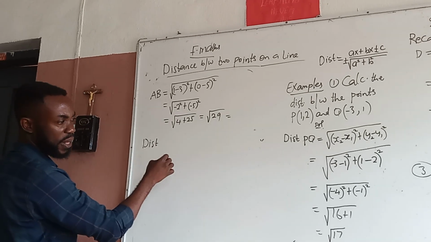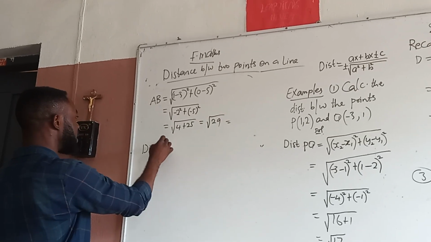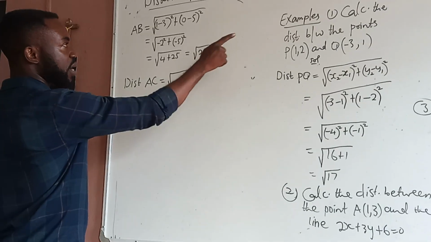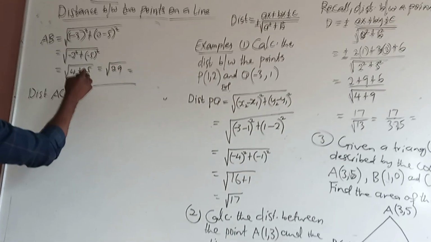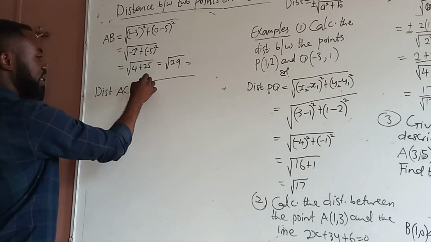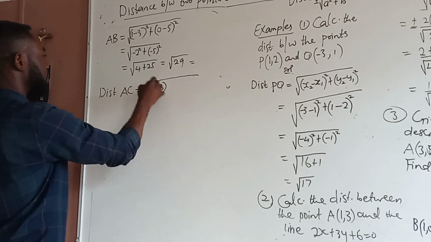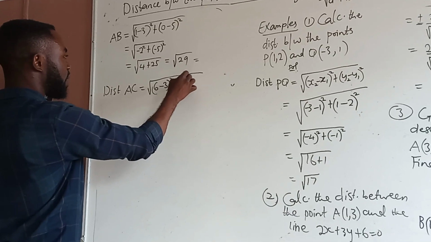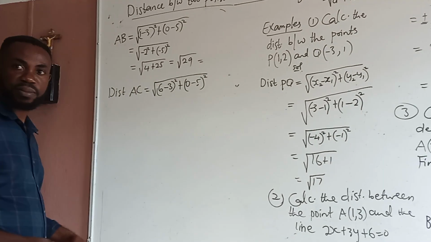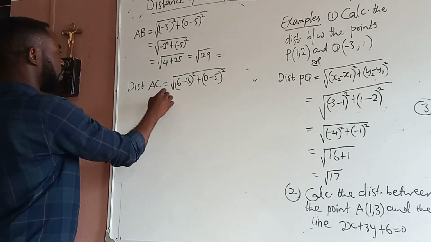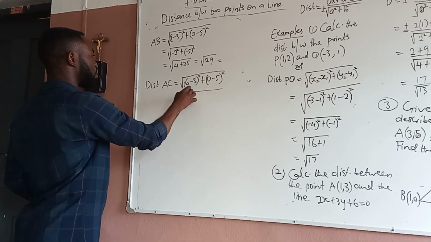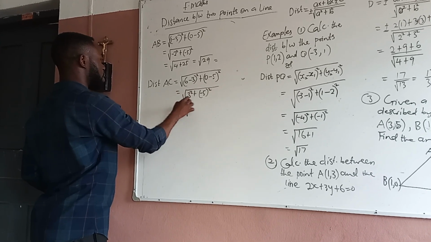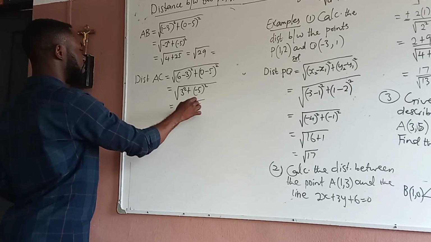Distance, again, A to C, AC, is equal to square root of x2 minus x1, which is 6 minus 3 squared, plus y2, which is 0 minus 5 squared. You finish it off, you get square root of 3 squared plus minus 5 squared. Gives you square root of 9 plus 25.